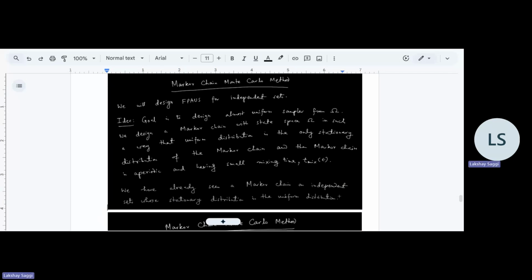Now the problem is, suppose one wants to design a fully polynomial approximate uniformly random sampler for independent sets, because this can help us count the number of independent sets in a graph.